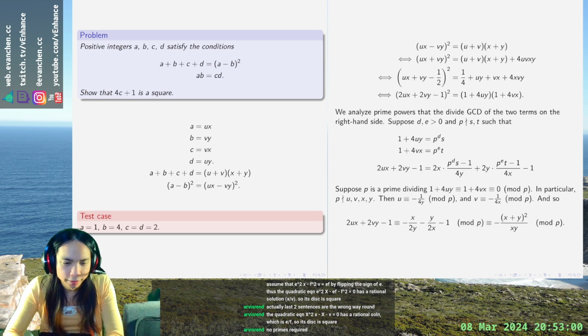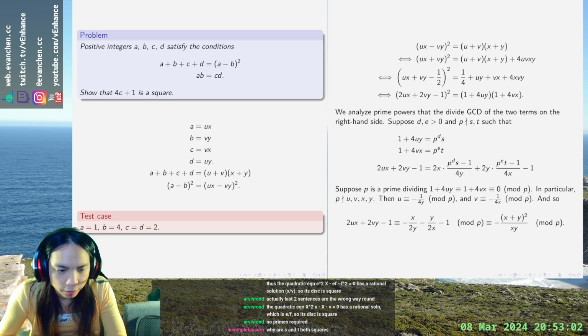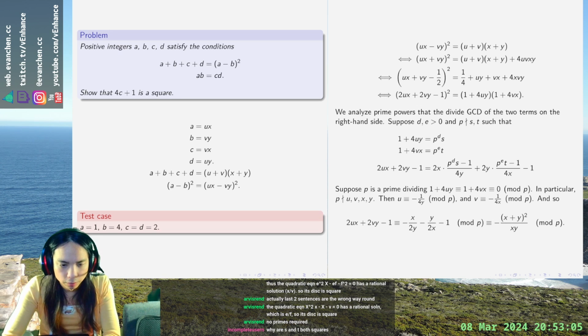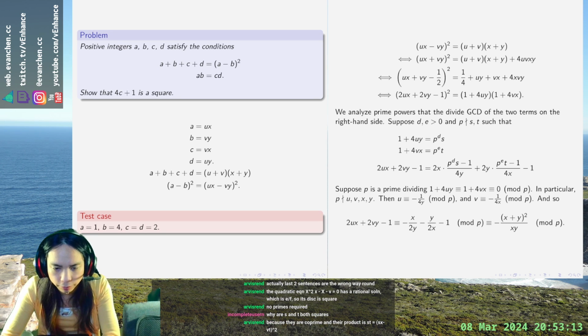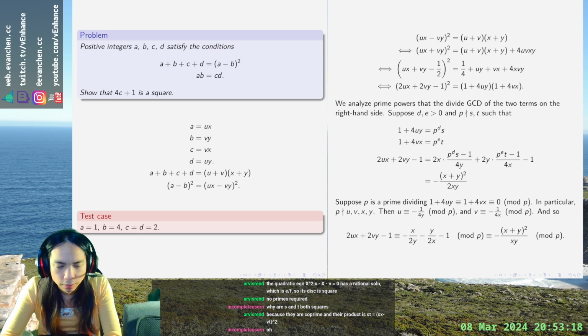Okay, so we get the x minus y squared thing that showed up before, and that part is fine. Minus x plus y squared over 2xy, and then we have some terms that are some powers of... Okay. Periodic analysis strikes again. I think this is it.